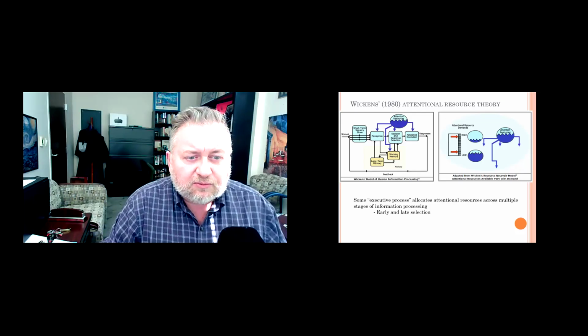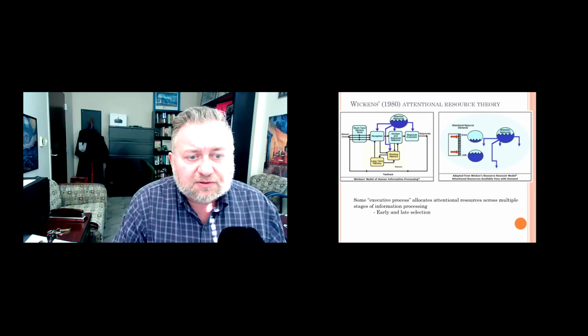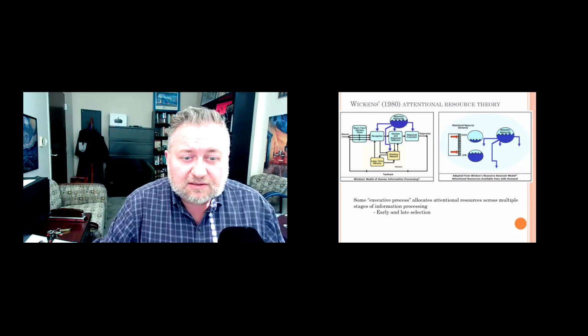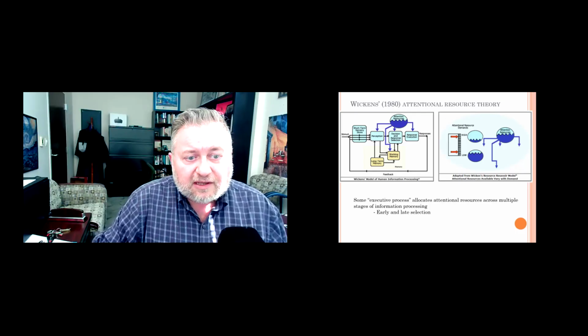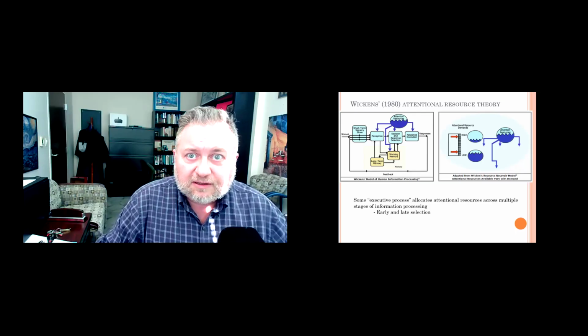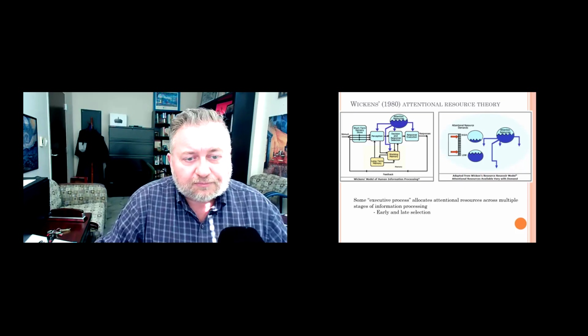So this would suggest that when perceptual load is high, perhaps, it's going to deplete resources, and we're going to have less resources left over for higher level processes like working memory and decision making. So that's when it would be useful, for example, to do more early selection to make it a little easier for those working memory systems to function.